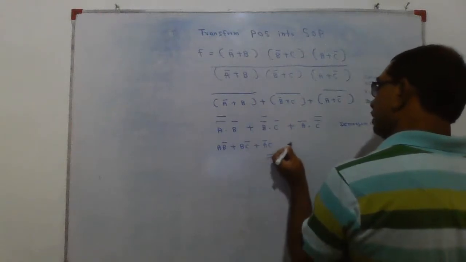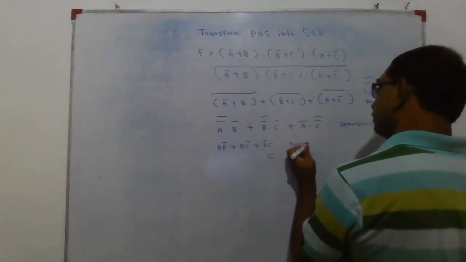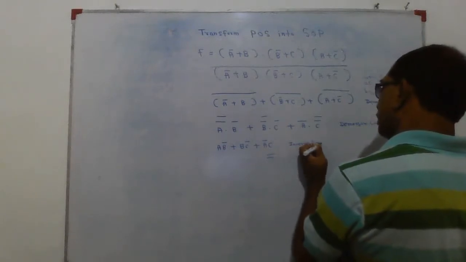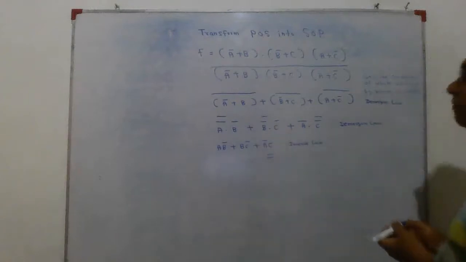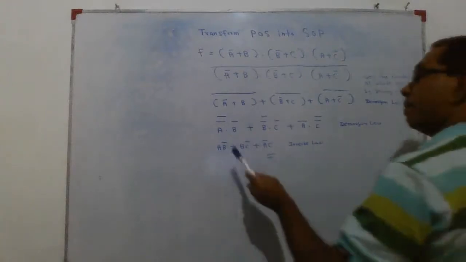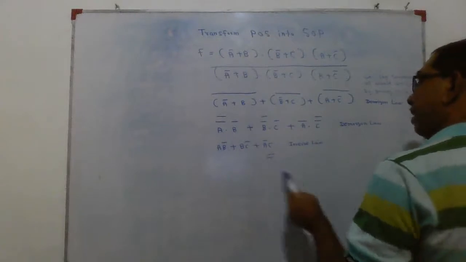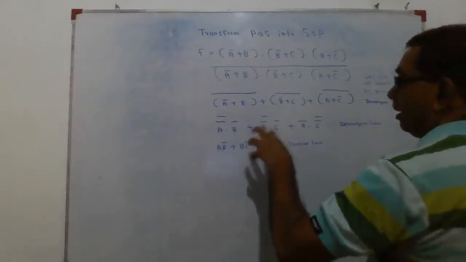So inverse law. With the help of inverse law, we have taken the previous output. A and B bar O, B and C bar O, A and C bar is the SOP statement.